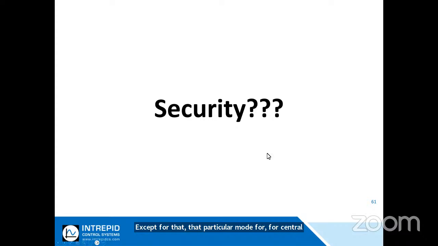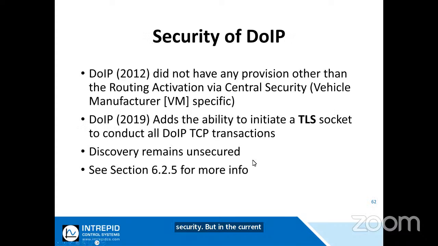But in the current one, there is actually the ability to do TLS. So after you do your activation, you can then initiate a TLS socket and then do everything you want through that TLS socket. Okay. Discovery is still unsecured. Okay. And there's section 625 inside of the spec that will tell you more information.